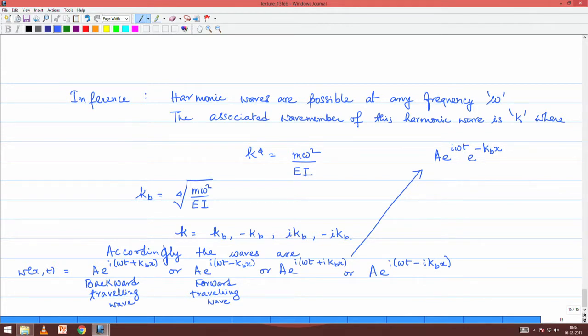So, if we plot this in terms of x at any specific time, we are going to see that it will decay as we plot in the positive x direction. So, this is a decaying wave, whereas the plot of the backward travelling wave and forward travelling wave showed that the amplitude remains constant with time as well as space, right.